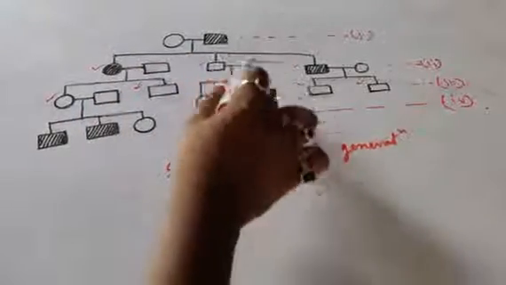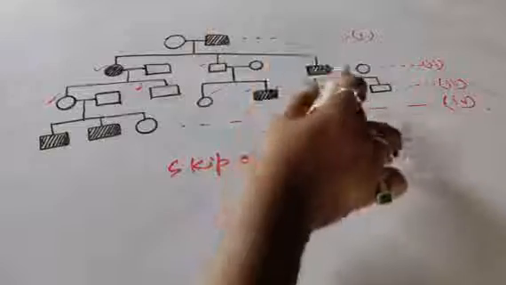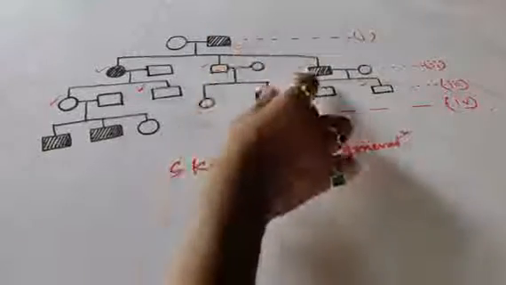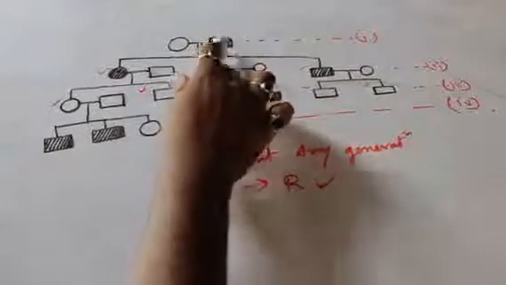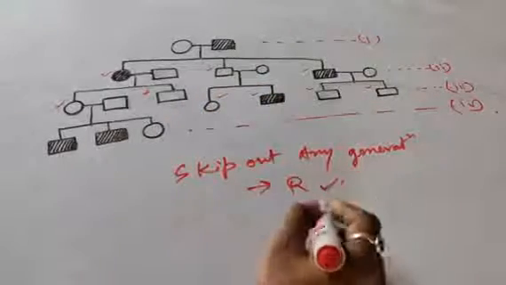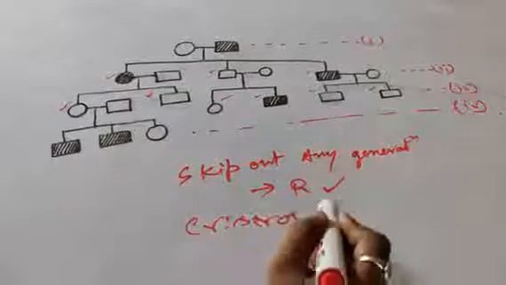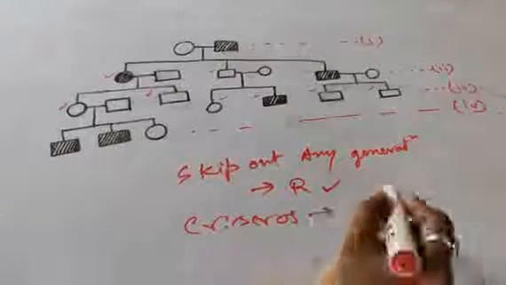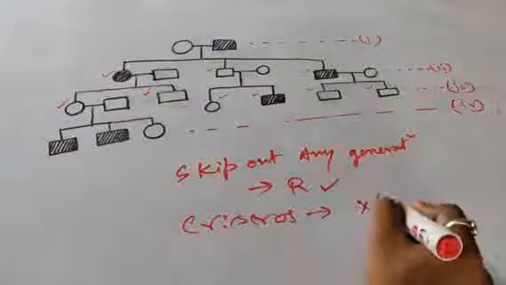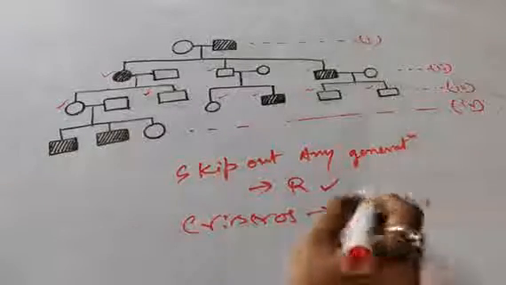We cannot recognize it here, because here it is affected, but no crisscross. Crisscross inheritance means, if crisscross, then X-linked.